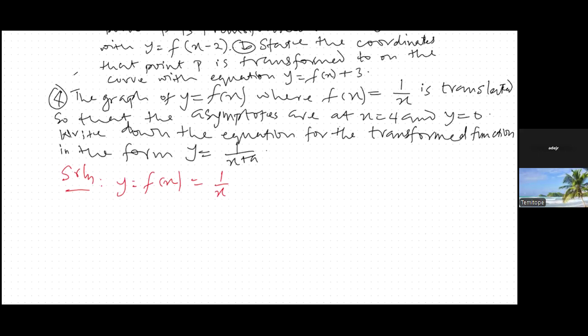In the x-axis. Or you want to view the graph, remember the graph of 1 over x will be like this. It's asymptotic in x to be 0. It's also asymptotic in y to be 0. So at the origin here, I'm going to have the graph this way.